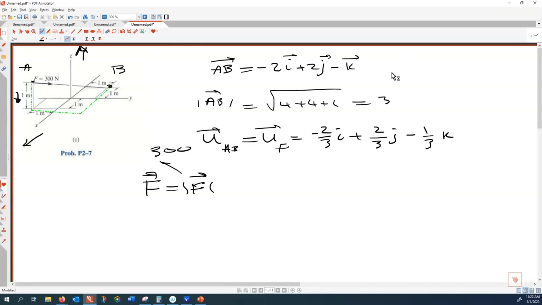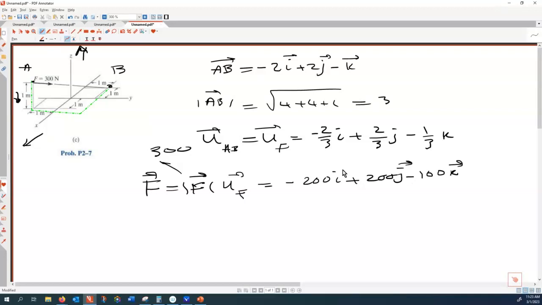Yes? All right, sure. So that is the magnitude of F multiplied by the unit vector of F. And that is minus 200i plus 200j and minus 100k.